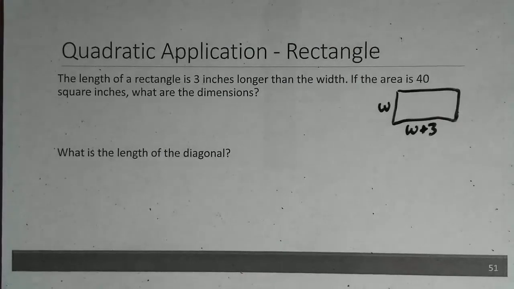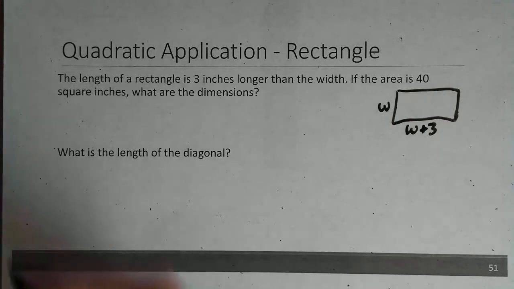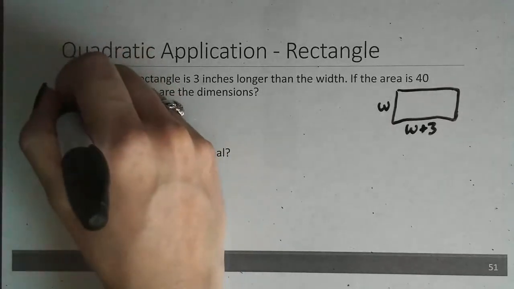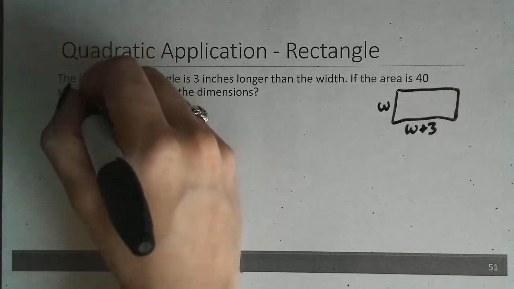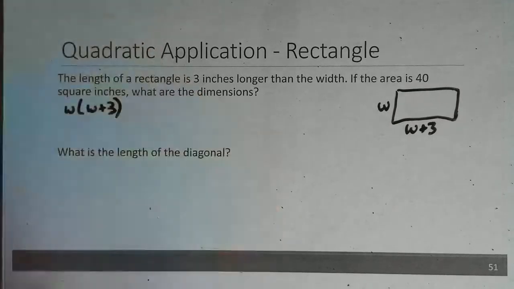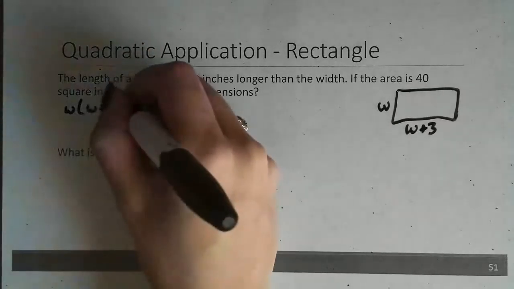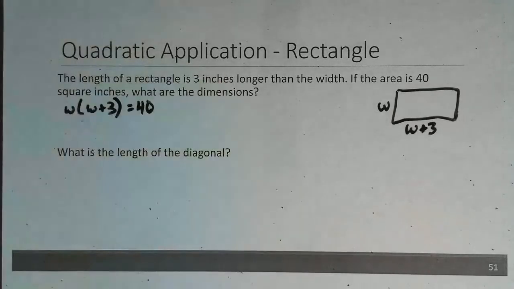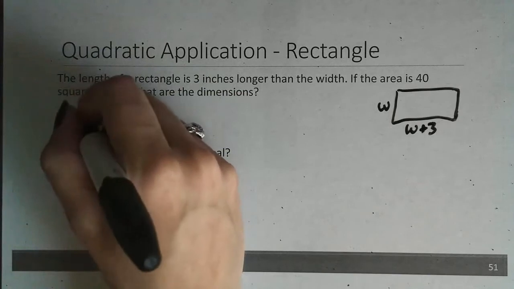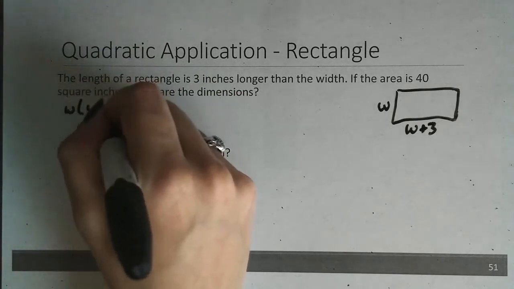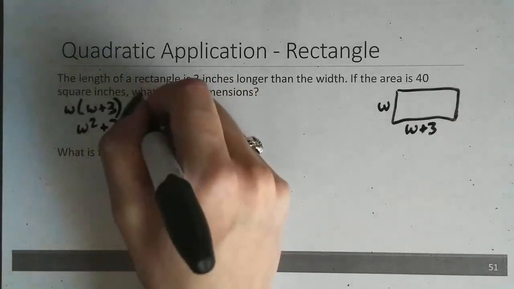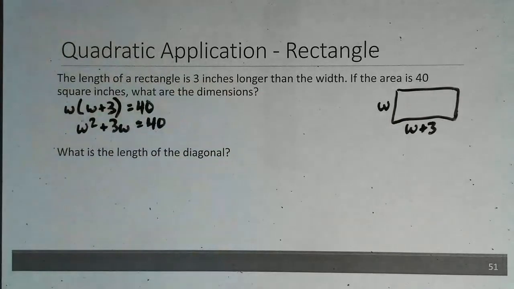We know that the area of my rectangle is 40 square inches, and area is length times width. So if I take my W times my W plus 3, that's my length times my width, that should give me my area of 40. If I distribute the W through, then I'm going to have W squared plus 3W is equal to 40.